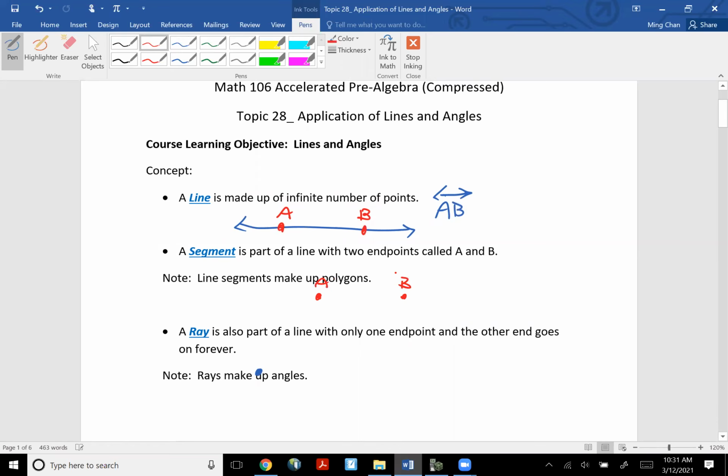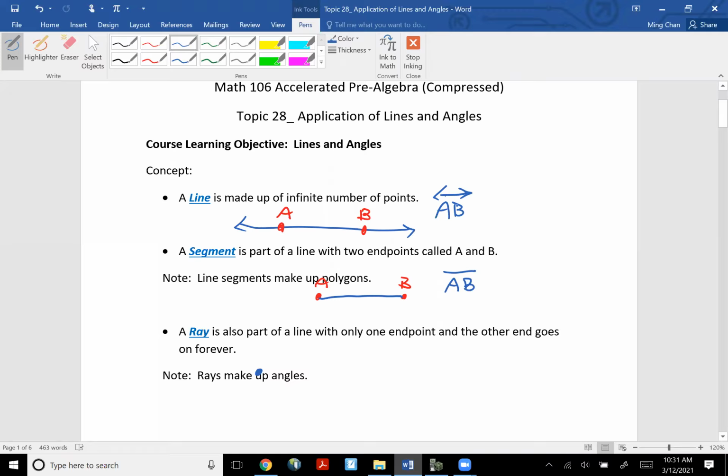Sometimes people call it a line segment, which is correct. We denote this as segment AB with no arrows. Arrows mean this is a line.